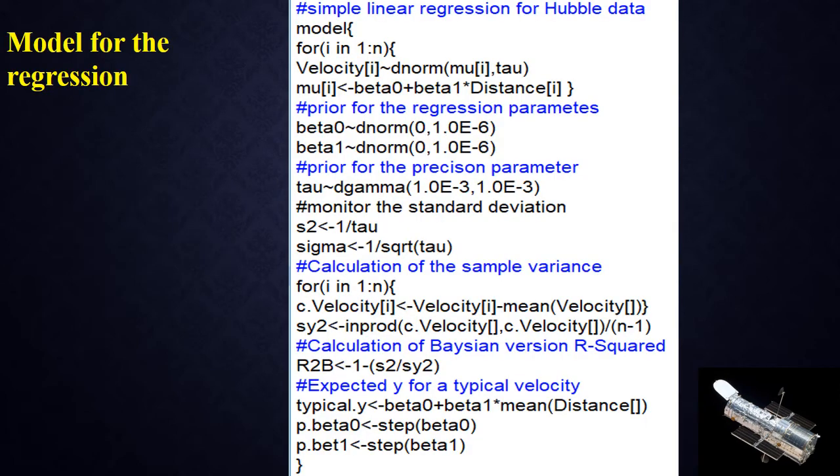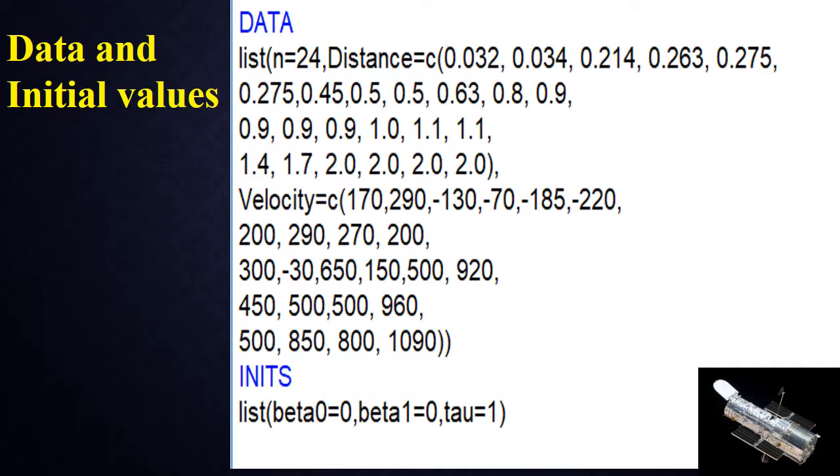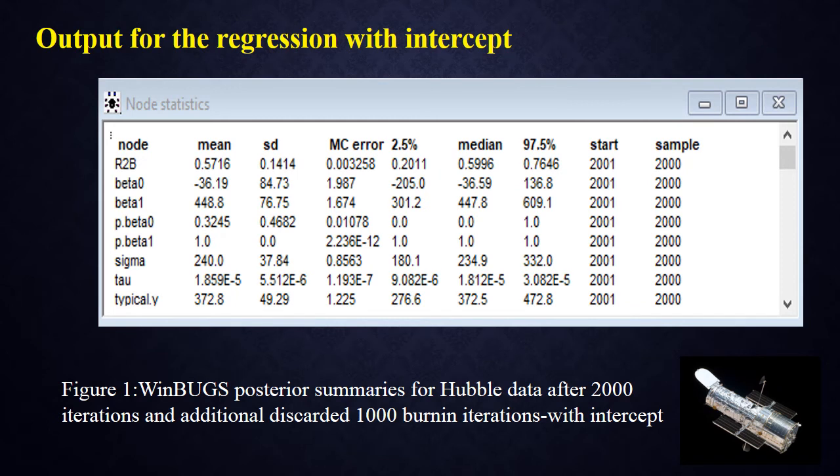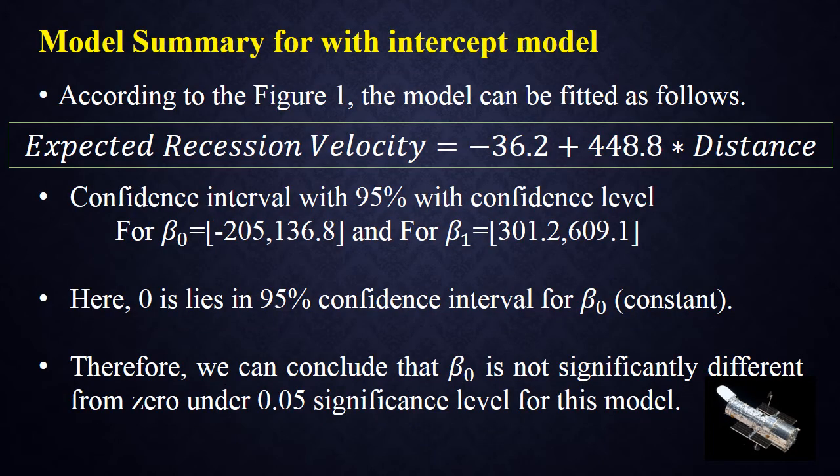So this is the WinBUGS code for the model with constant. According to figure 1, we can have the output.